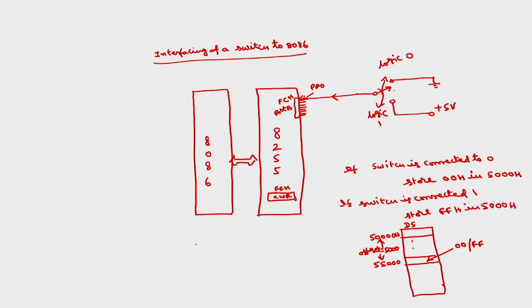If we take the control word, I am using I/O mode only, so the MSB bit should be 1. And what about the LSB? I am not using port C upper or port C lower, so this is a don't care. For the sake of simplicity, I will take 0. This is also a don't care because I am not using port B at all, so I will take 0.